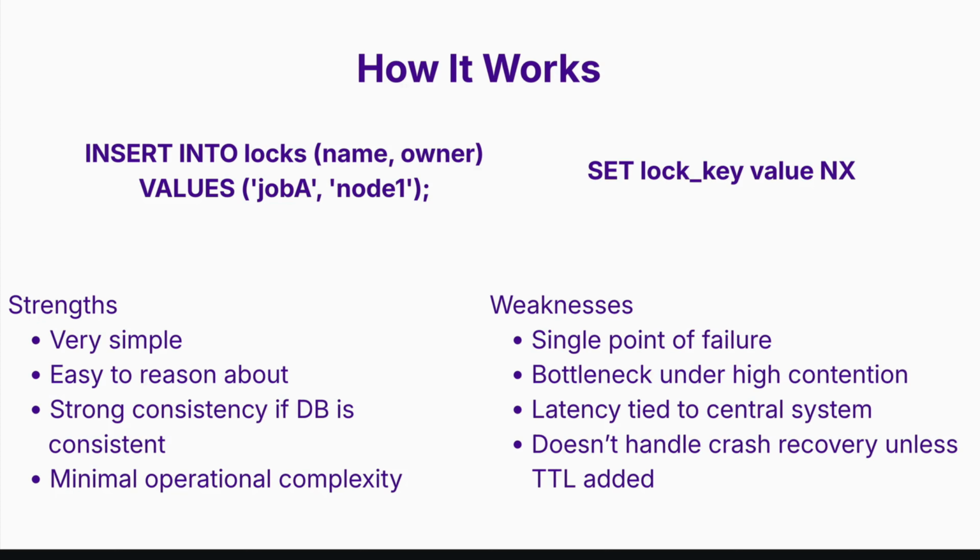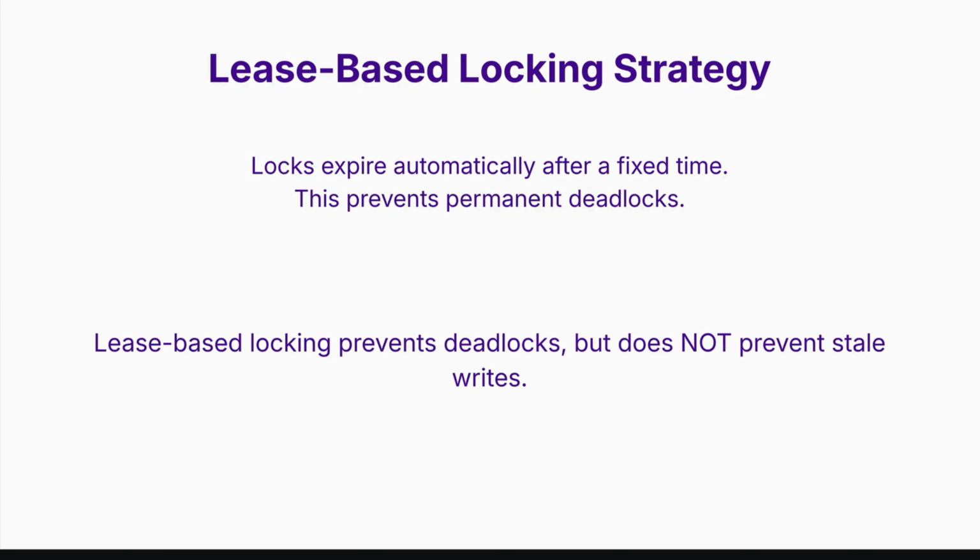To overcome its limitation, there is another strategy called the lease-based locking strategy. You acquire a lease in terms of TTL. In this, you also acquire a lock key, but this time with an expiry, so that you can avoid permanent deadlocks. But does this enforce correctness, or that stale writes won't happen?